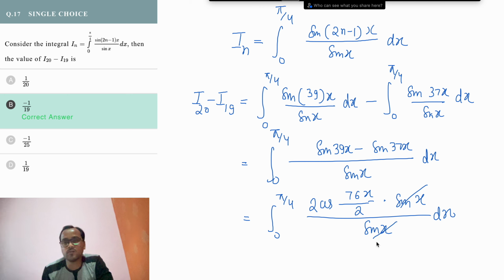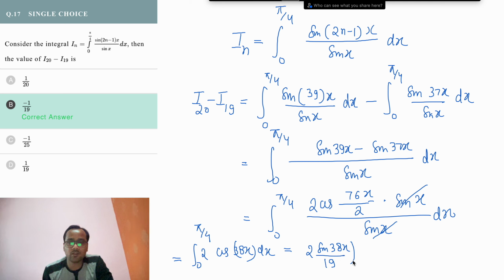Now sine x will cancel. So this becomes a simple integral from 0 to pi by 4 of 2 cos 38x dx. That would be equal to 2 sine 38x upon 38, limits 0 to pi by 4.